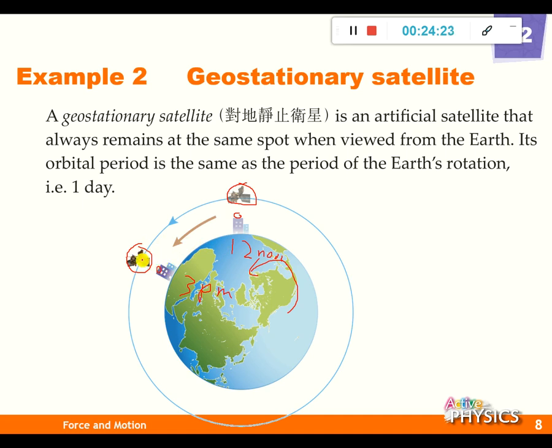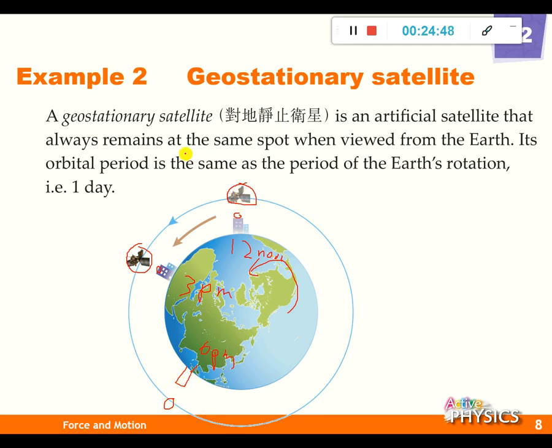When you look at it in the sky, you can see it. But what do you feel? You will feel that this satellite doesn't have any movement, because it keeps the same position all day. Even going to 6 p.m., you will go to here. How about the satellite? You're here. You also can look at it.